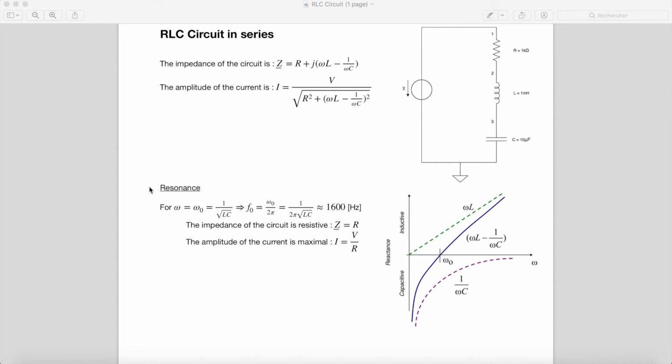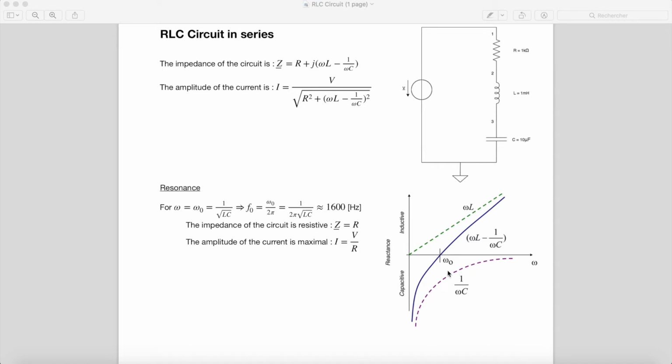To understand this notion, let's have a look at this diagram. Here we have the reactance, omega L minus 1 over omega C, as a function of omega.